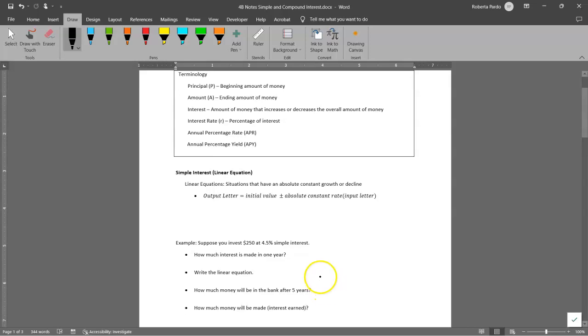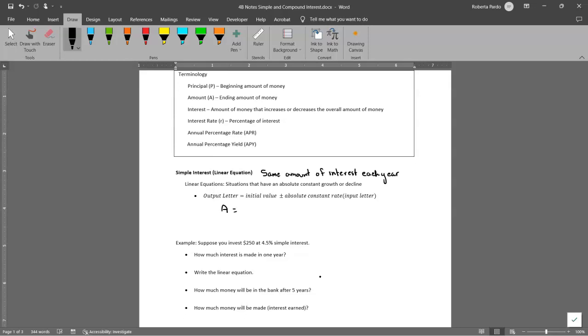And we remember from our linear equations that we have an output letter equals initial value plus or minus the absolute constant rate times the input letter. Well, in this case, the output letter is going to be an A because that's our ending amount.